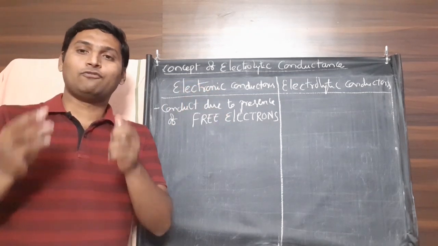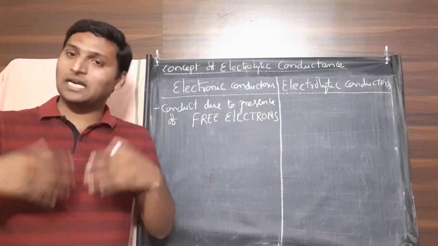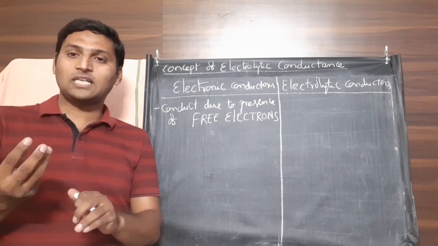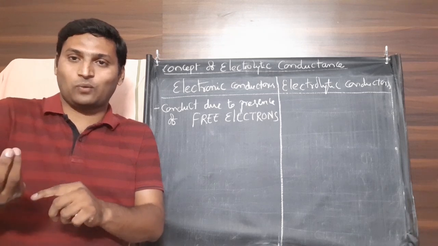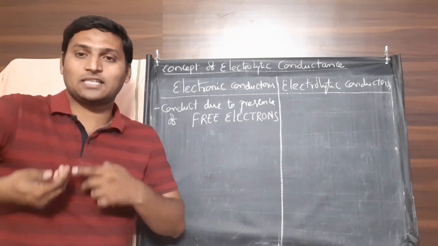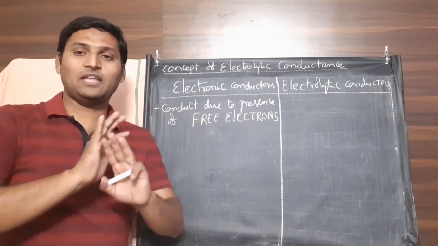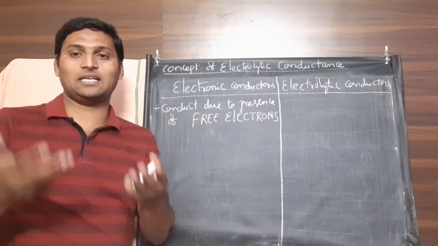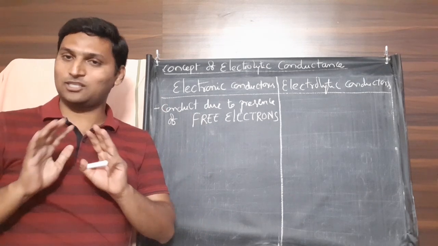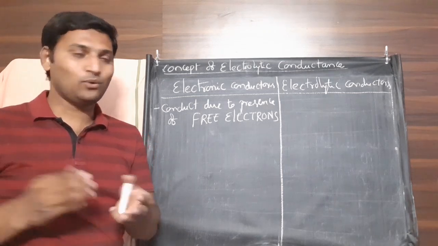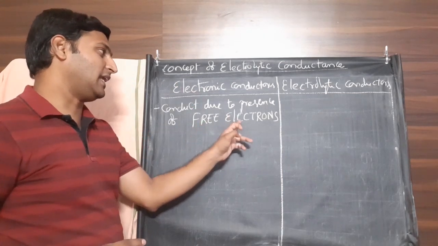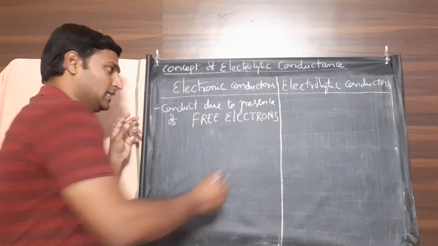By the way, for any substance to conduct, there must be charge carriers. Those charge carriers transport the charge from one point to the other. That's why the substance is able to conduct. If there are no charge carriers, no conducting. Such substances are called insulators. We know it well. Now, if the charge carriers are free electrons, you call them electronic conductors.